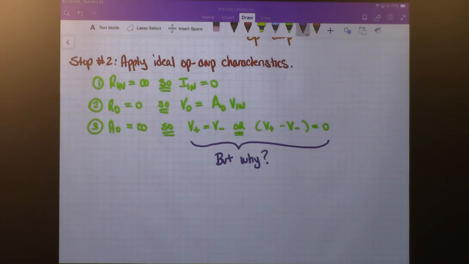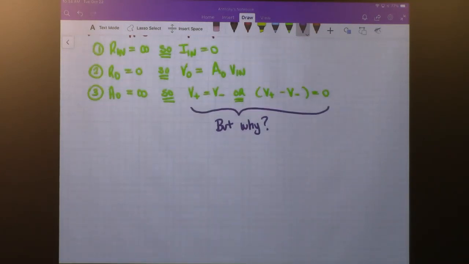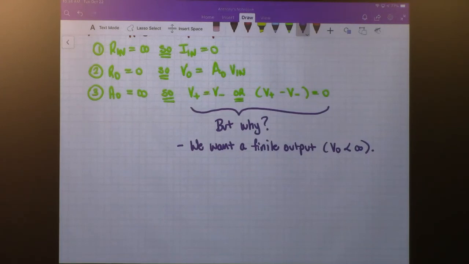So the logic works like this. We want a finite output, so V out less than infinity. Right? That I think everyone can agree with.